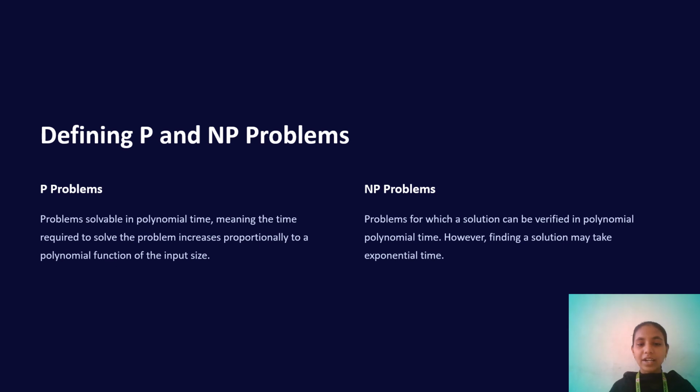Next is defining P and NP problems. P problems are problems solvable in polynomial time, meaning the time required to solve the problem increases proportionally to a polynomial function of the input size.